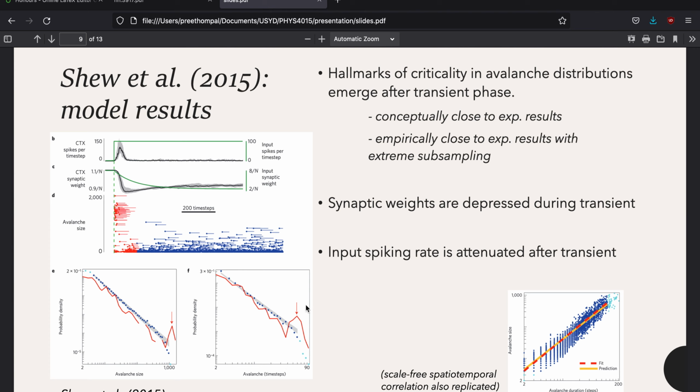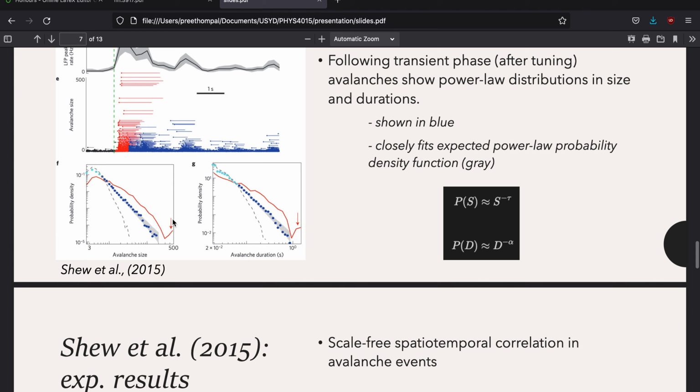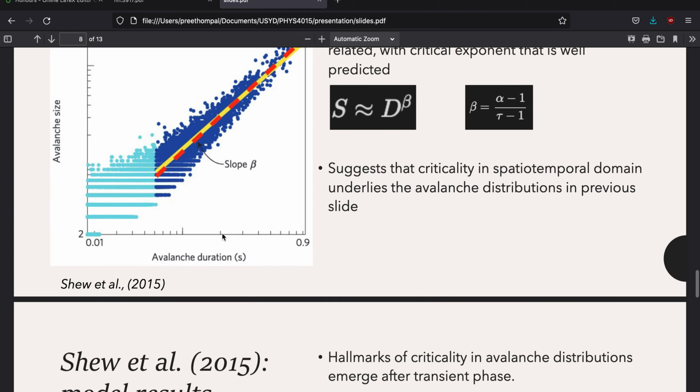That conceptually matches the experimental results, that in the transient phase we have a bimodal distribution and it's a non-power law fit, and then it moves into a power law fit.